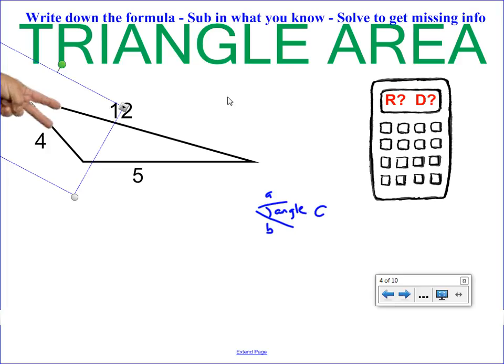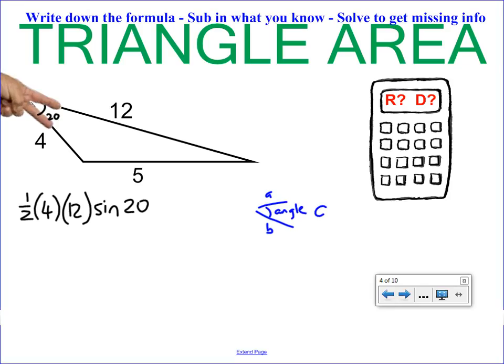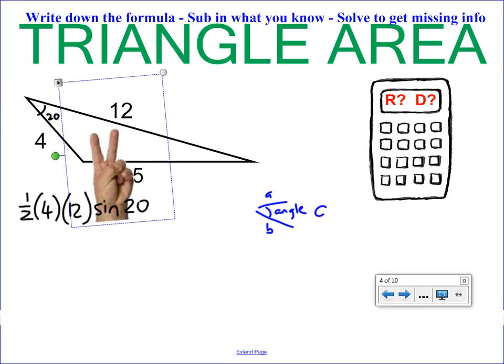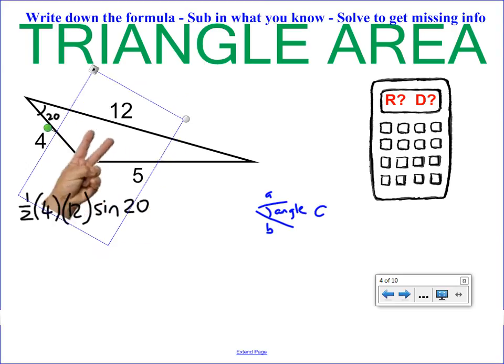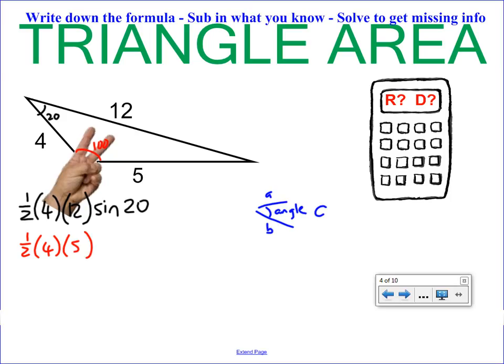If we use that angle, let's say that's 20 degrees, then the area would be a half A, B, sine, C. Or, if you prefer, turn your hand around. Using this one, if this is an angle of 100, then this one would be a half A, B, sine, C.